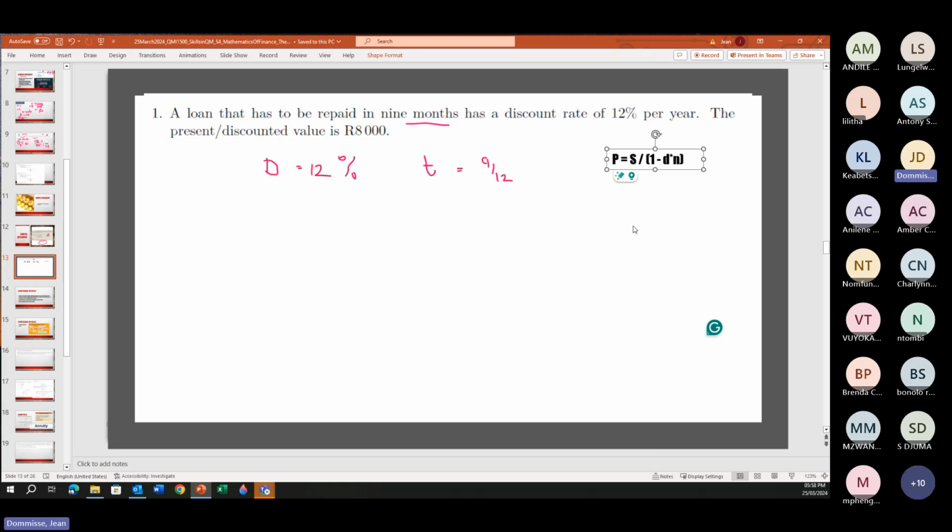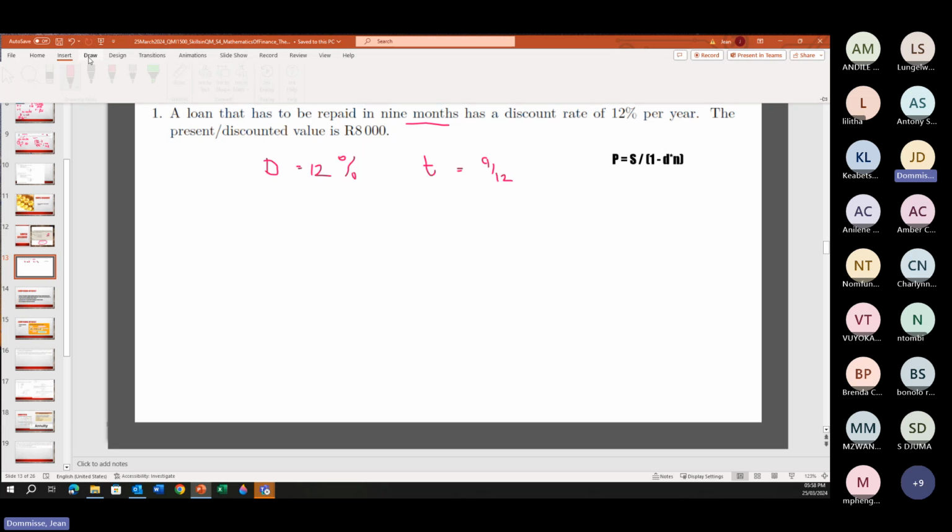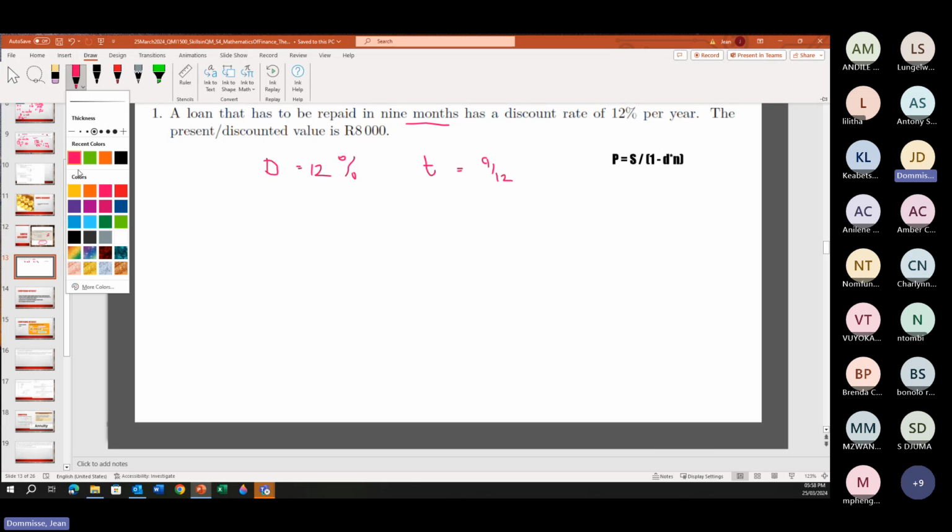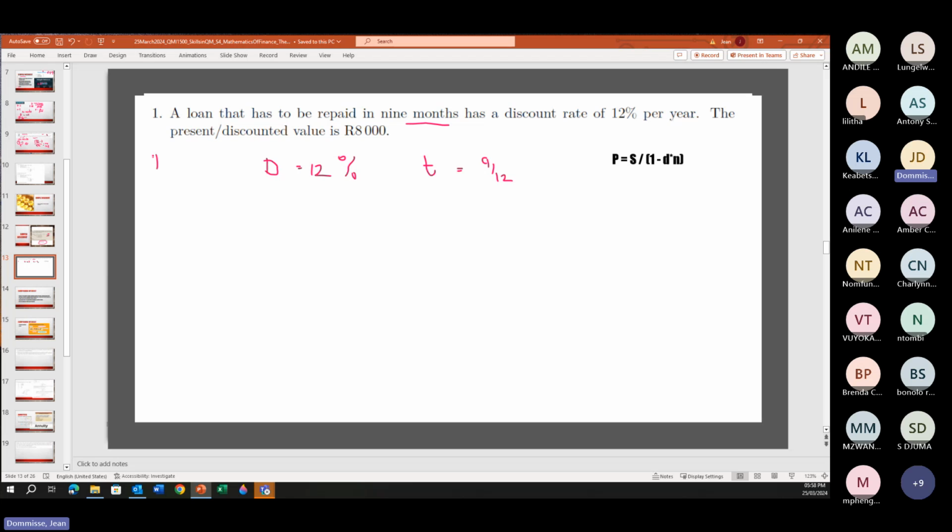We have the P value, so P is 8,000. So we have the P, we have the D, we've got the N, we need to get to the S.